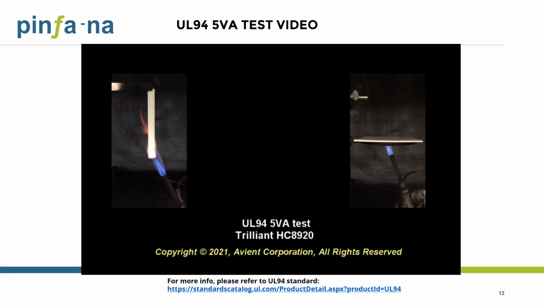Here's the testing of two sample geometries of the same formulation shown side by side. A vertically mounted flame bar on left and a horizontally mounted plaque on right. As you notice, the flame source used here is much more intense than the one used in the UL94 V0 test. There are 5 flame applications here. Number 3.